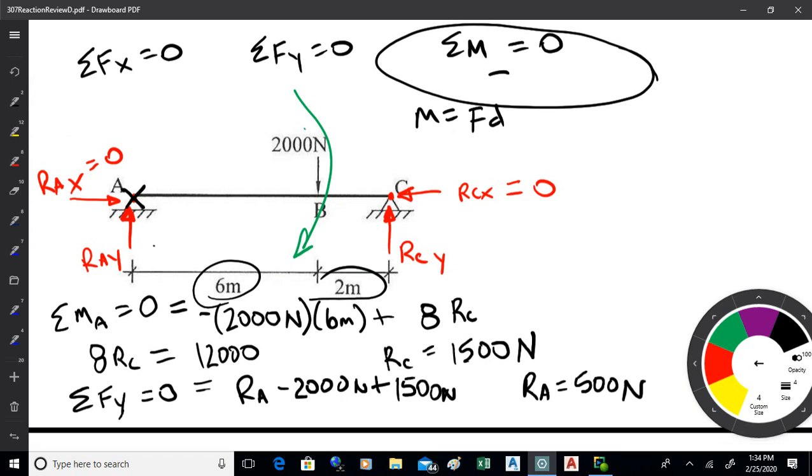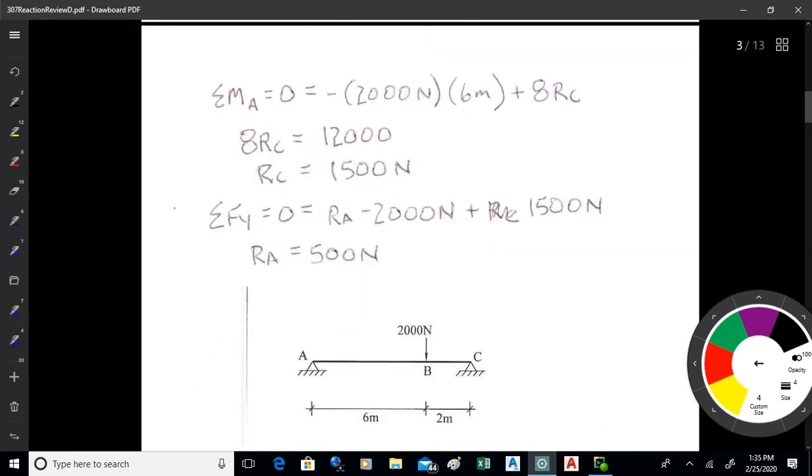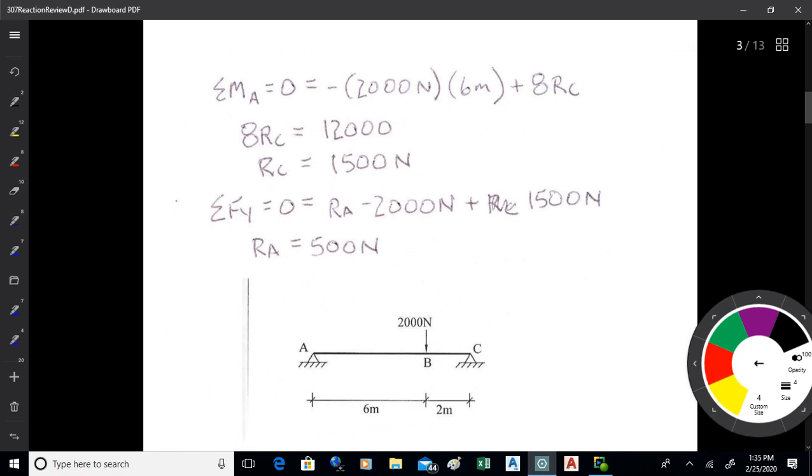Okay. So that's basic statics right there. That's the approach. You got any questions on that? We're going to be doing a bit of this, so I just want to get you reoriented to it. Okay. There we go.